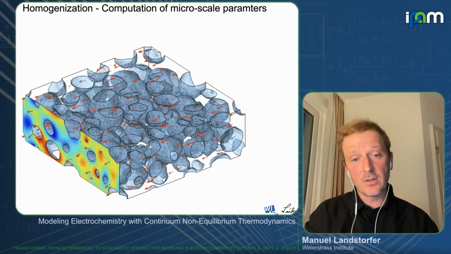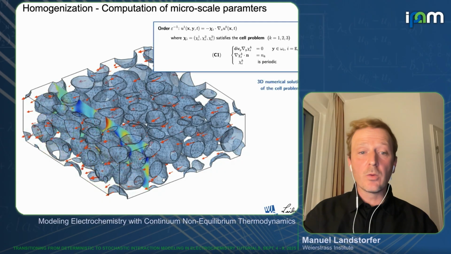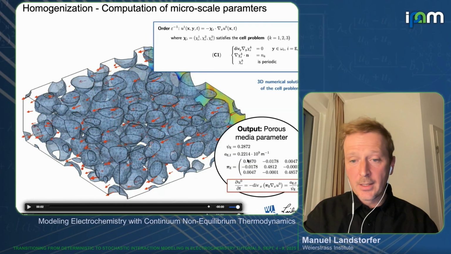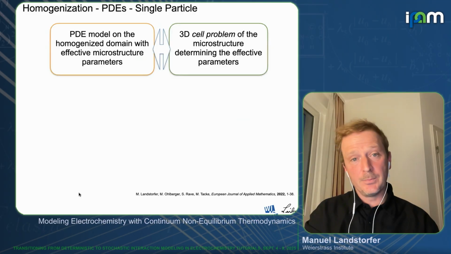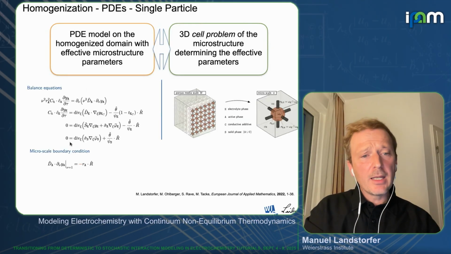So this is a reconstruction of a FIB-SEM image of a porous electrode, and you can really compute then, for instance, how the effective diffusion coefficient in all three main directions looks like.